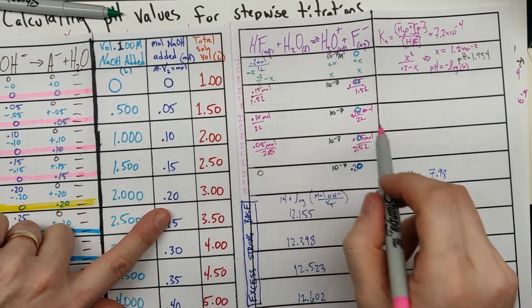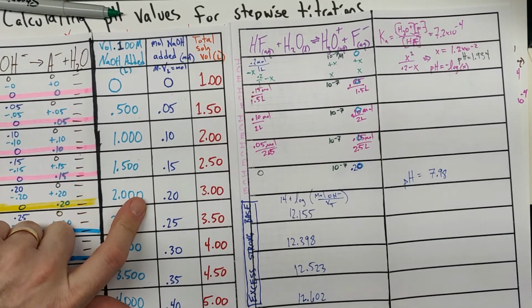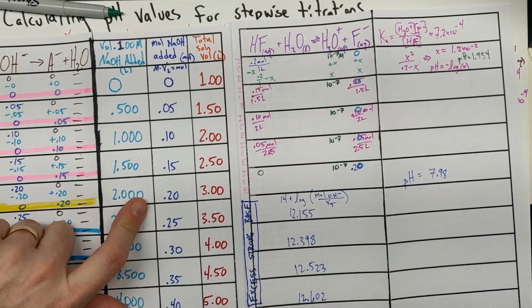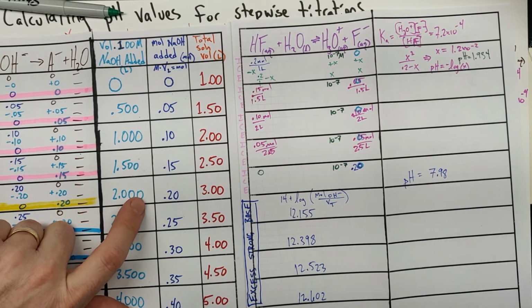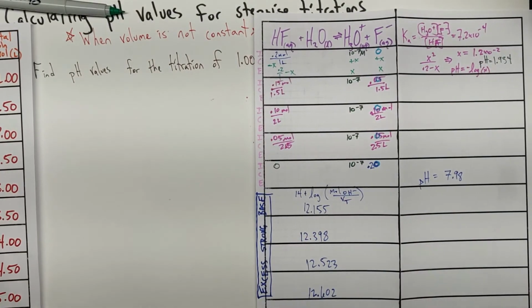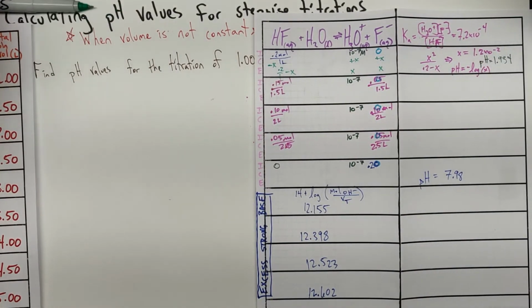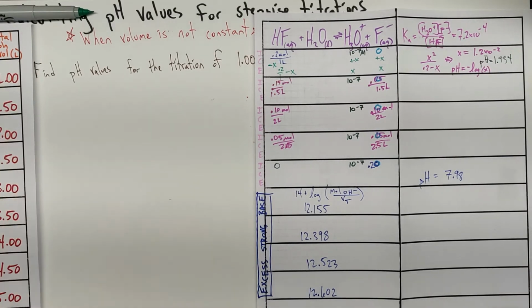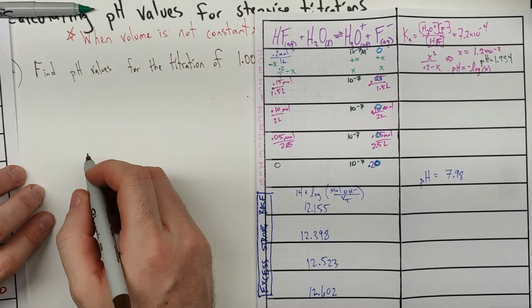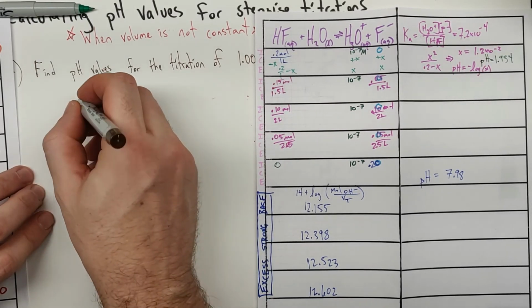All right, so those are our values, and we could do ICE on those and work them through, but we said for a buffer situation, Henderson-Hasselbalch is a pretty good way to go. So I'm going to get a clean part of the paper here, and we'll do that calculation. The Henderson-Hasselbalch equation, which we derived in the original buffer video, just relates the pH to the pKa of the acid and the ratio of the acid or base and its conjugate.